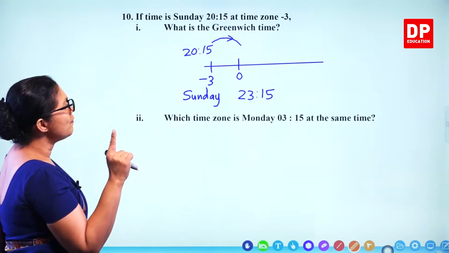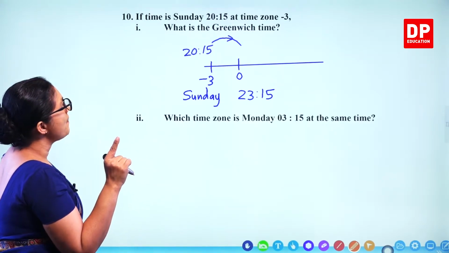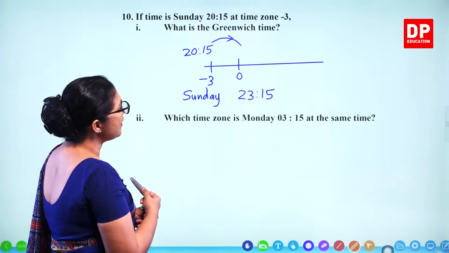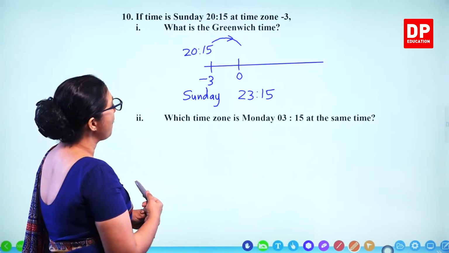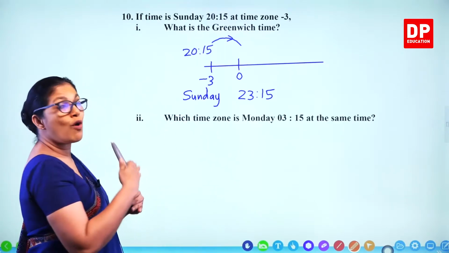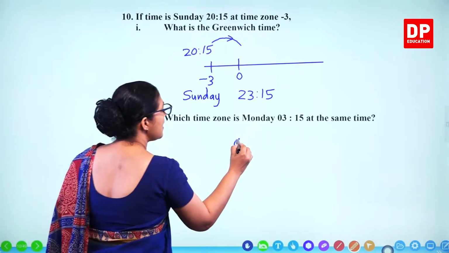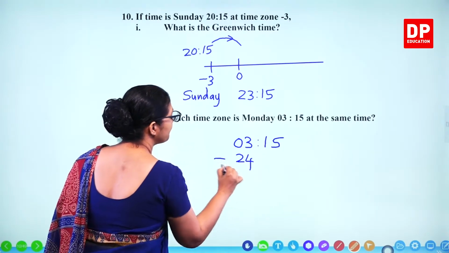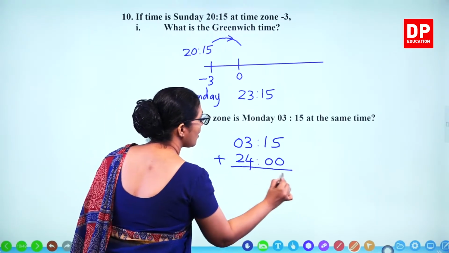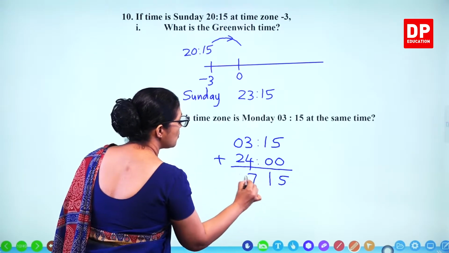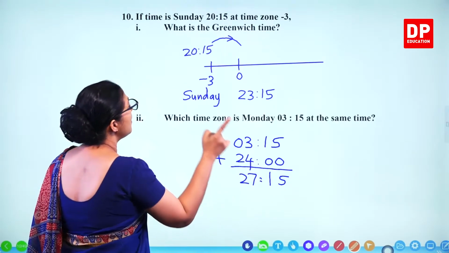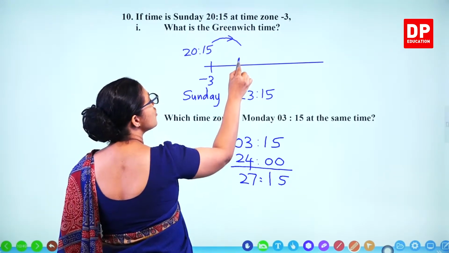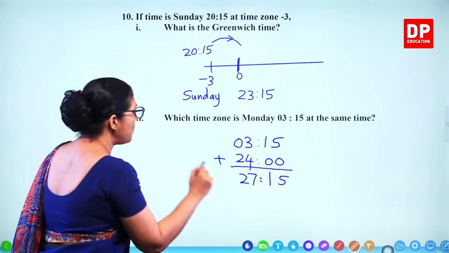So 11:15 p.m. Second part, which time zone is Monday 3:15 at the same time? So Monday means 24 hours later. So we'll see first what's the standard value at 24. That's 27:15. Now the time here is 23:15. We'll check with Greenwich time.